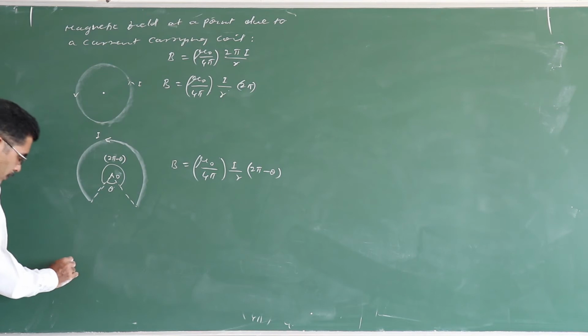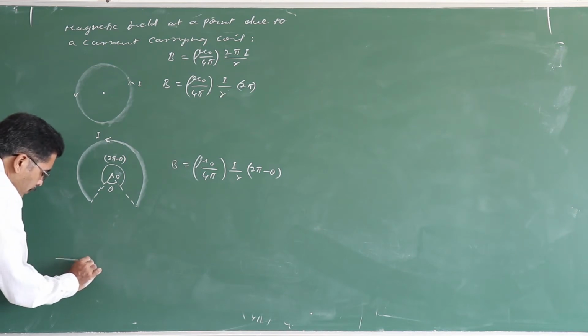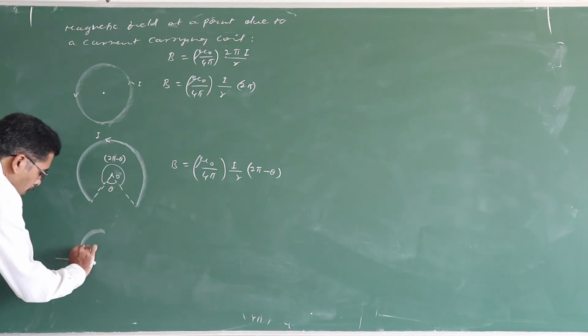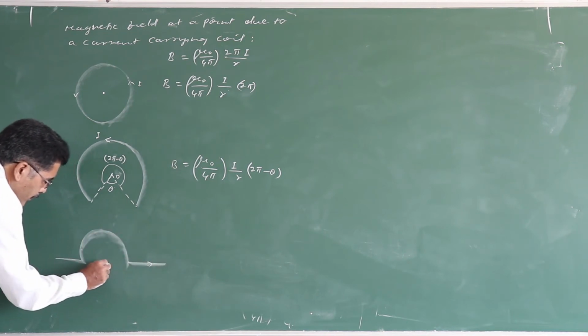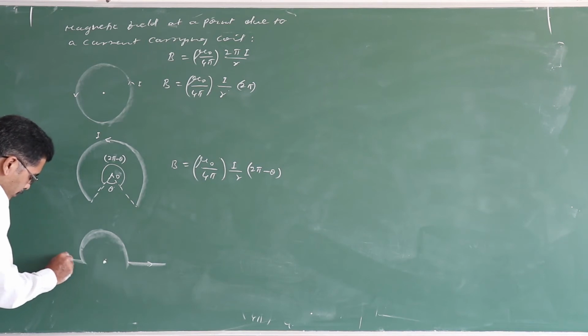So we have current flowing in a semicircular loop. We want to know what is the magnetic field here.